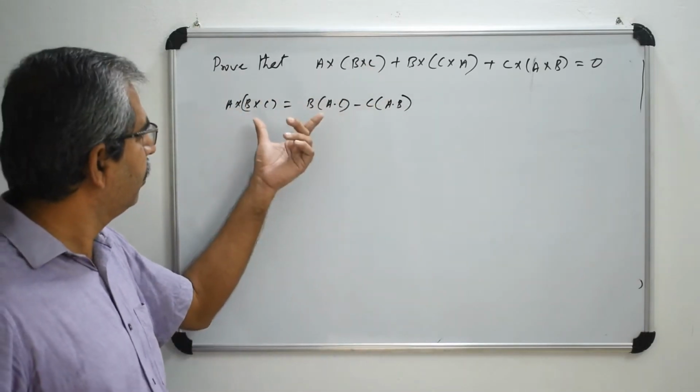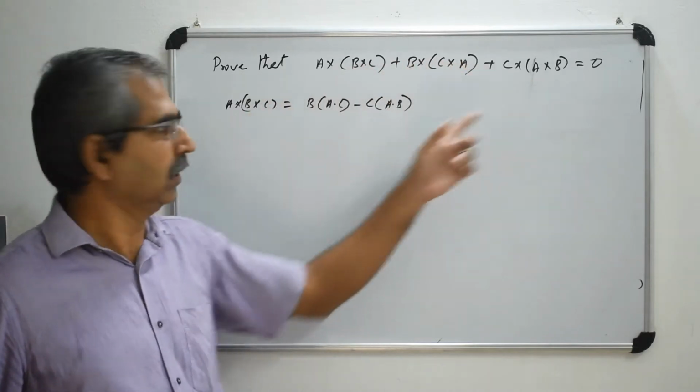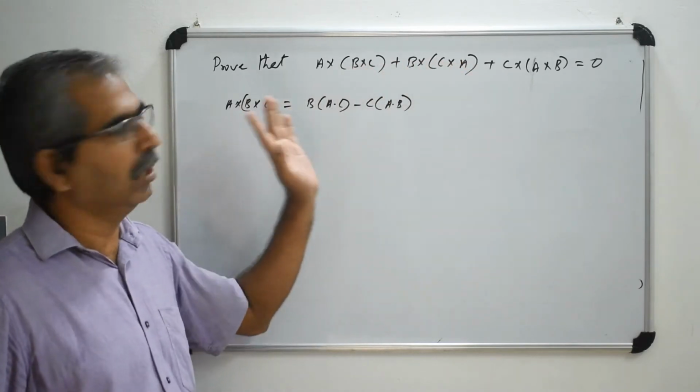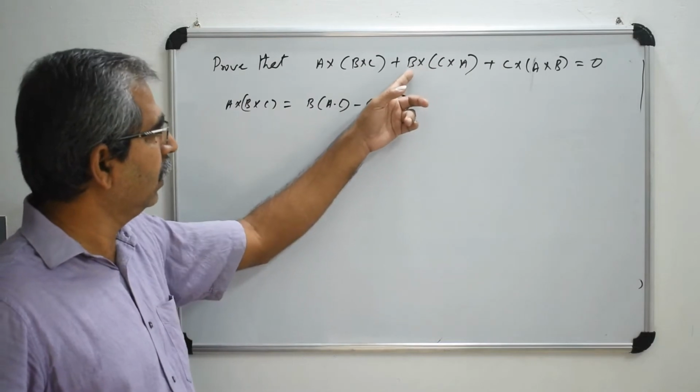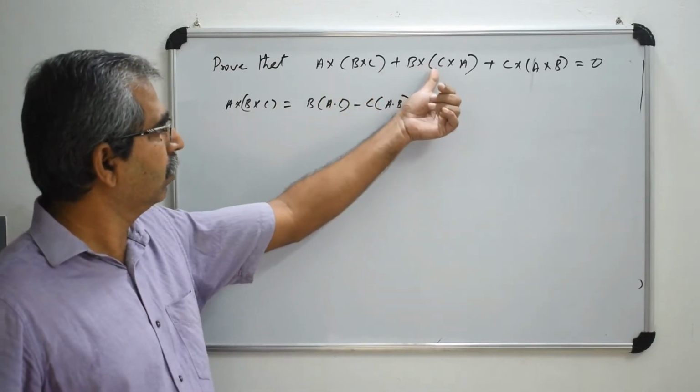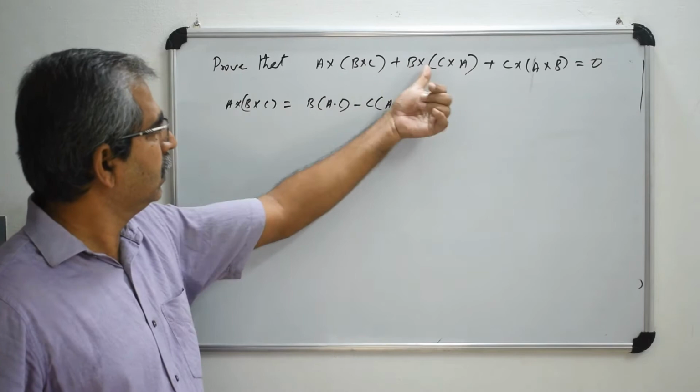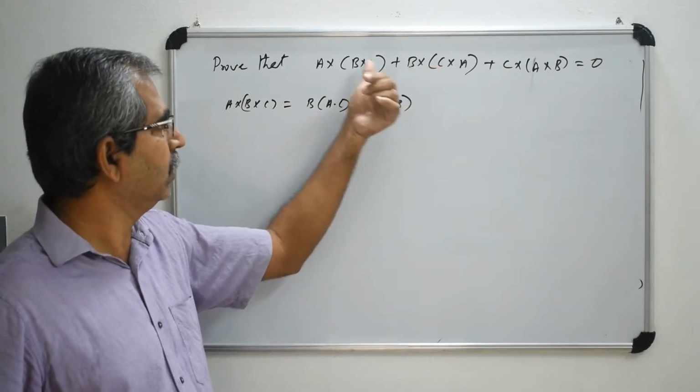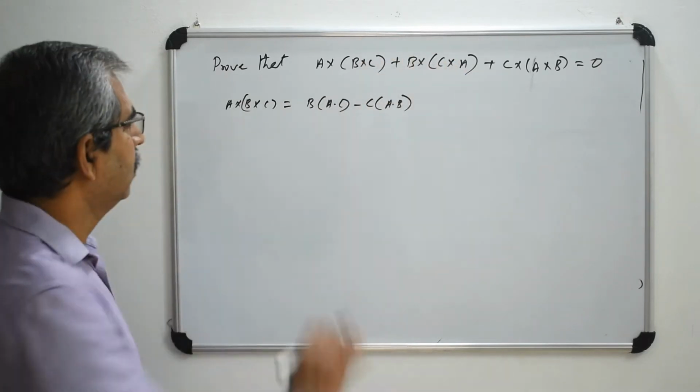Okay. So we can apply this one to all these three. See, you have to remember the order. That's the only thing. Okay. So if you are using it for B cross C cross A, in place of B we have C, in place of C we have A, and that is the only thing.